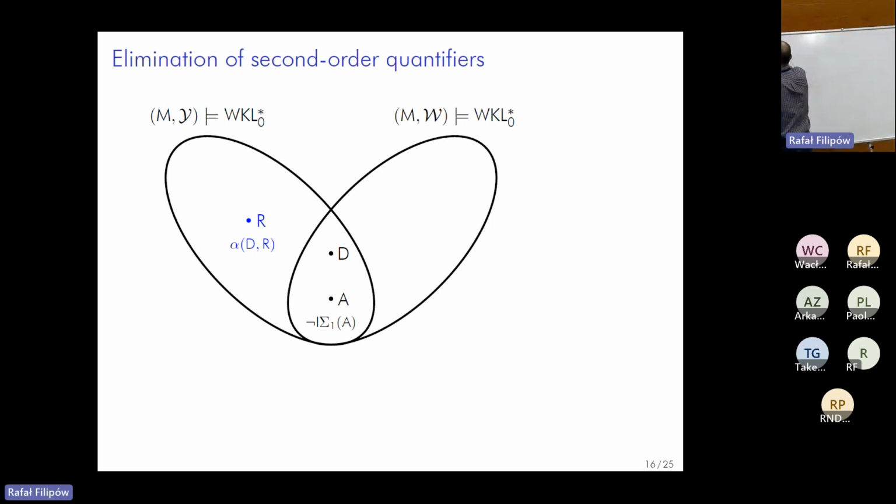Something like this, right? You have a structure A and a structure B, and they satisfy the theory T for which we want to prove quantifier elimination. Their intersection is some sort of common substructure D that might not satisfy T at all. There might be some tuple of elements of this common part, and there is some witness to a purely existential statement in A. So A is related to this tuple in the common part by some quantifier-free formula eta.